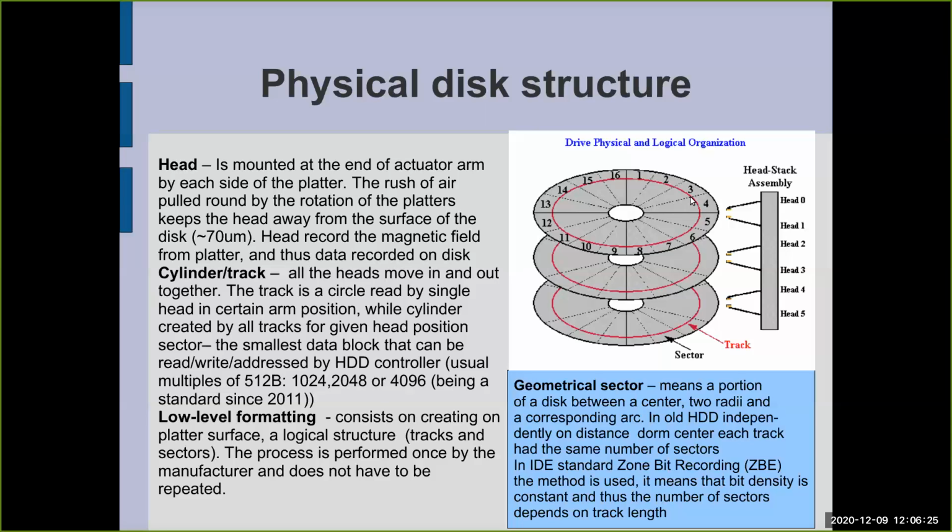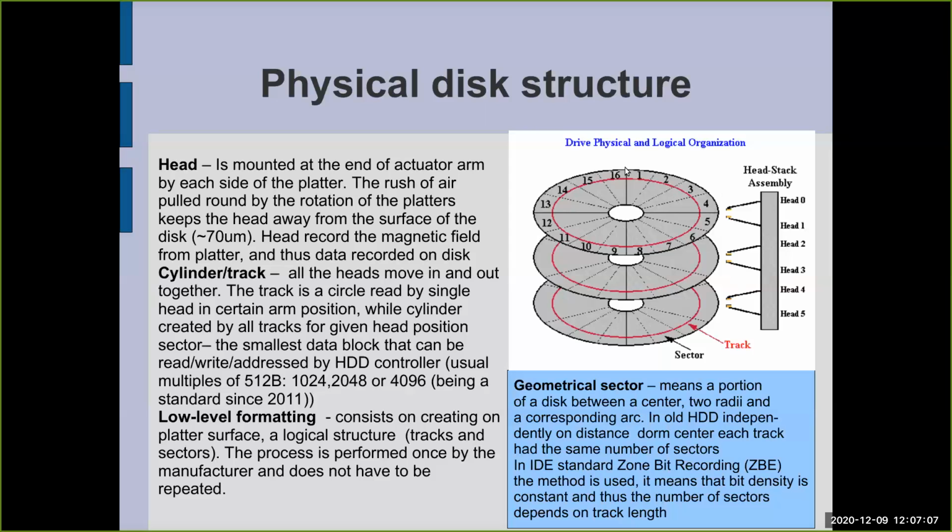Here the sector starts at this point and finishes at this point. A sector consists of, let's say, 512 bytes, now all sectors are about 4 kilobytes. So the sector capacity is the same, but if this sector is located next to the rotation axis, the density of data is higher than the density of data on the circumference.